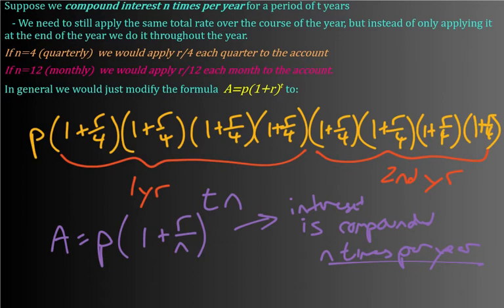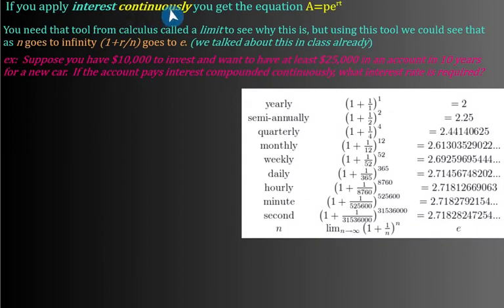Imagine you let these n subintervals be infinite. If it was infinite, it would be analogous to continuously compounded interest. And in continuous compound interest problems, you get what looks like a brand new formula: A equals P e to the RT.